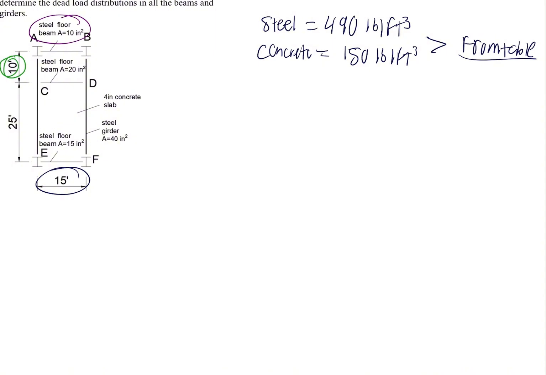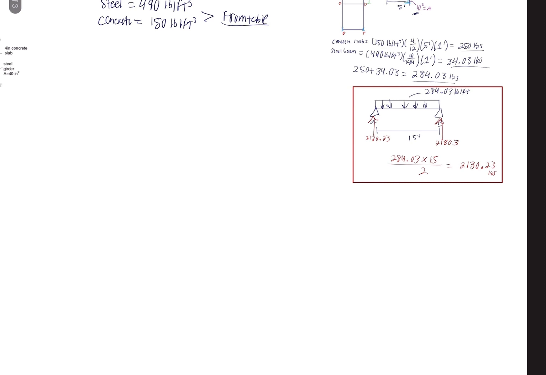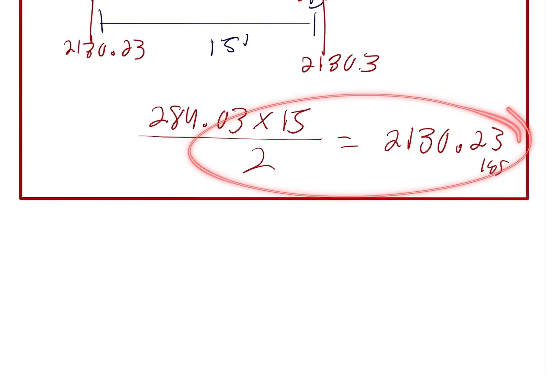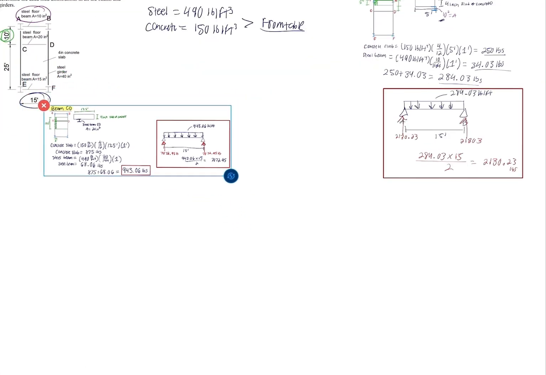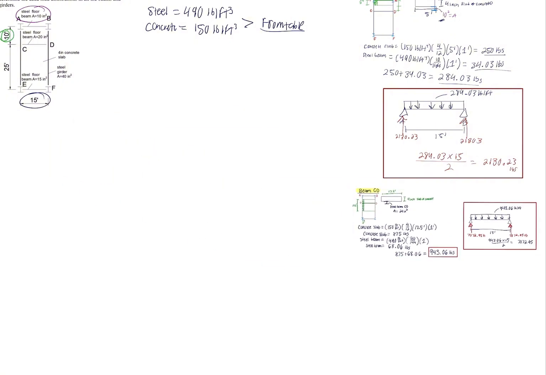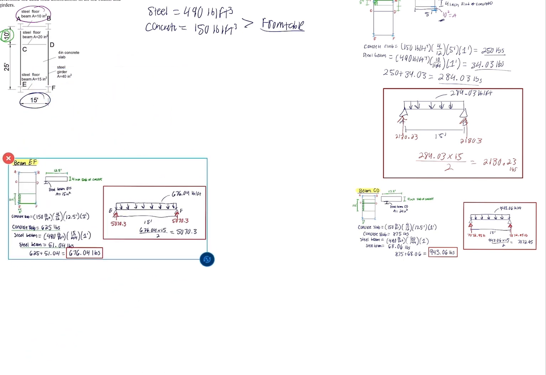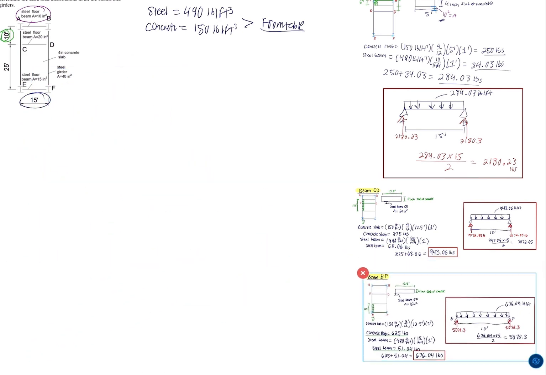You will then take the same steps to calculate the dead loads on beam CD and beam EF. And you will also need to calculate the reactions at those beams as we calculated here. I went ahead and calculated the reactions and the dead load for beam CD in this image, as well as the reaction and the dead load for beam EF in this image.